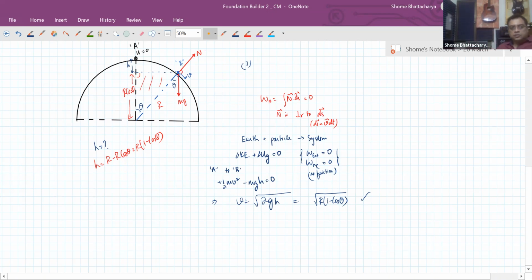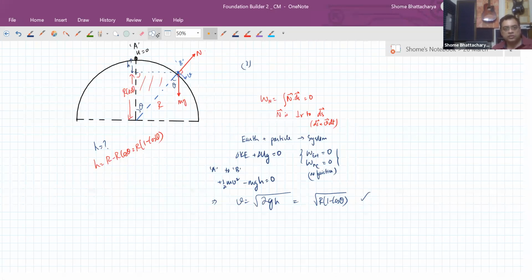Okay, now let's understand the free body diagram equation. If you just look at this particle on this surface right now, this is the normal axis, this is the tangential axis.